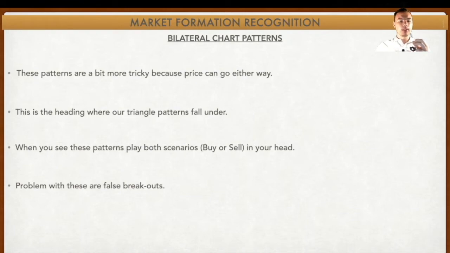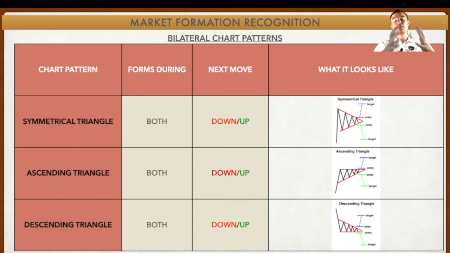The problem with these sorts of patterns is they tend to have a lot of false breakouts. Meaning, let's say it breaks below, then you wait for a retest and then you sell. However, it can break below and then just go up and past it, right? That's the issue. Now for your bilateral chart patterns, like I said, it involves triangles. Similar to your rising wedge and falling wedge, that's why both are considered reversal or continuation, because mainly your triangles are either up or down.